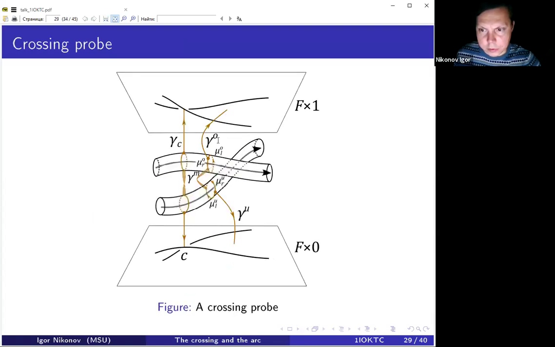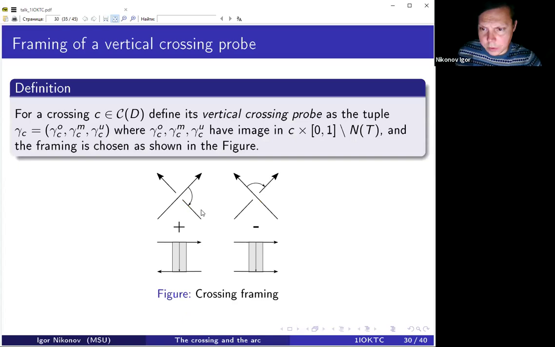semi-arcs, crossings. In the case of crossings, the vertical probe consists of three arcs from the top boundary to the node, and a path between two points of the node and to the bottom part, and the middle part is framed. It's framed, and here you can see how one makes frames.